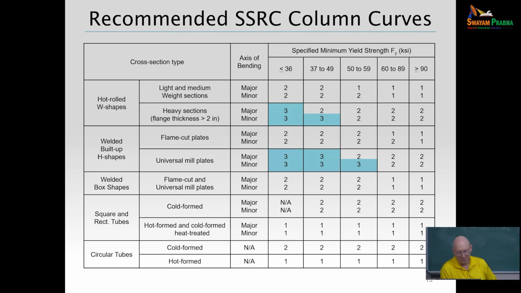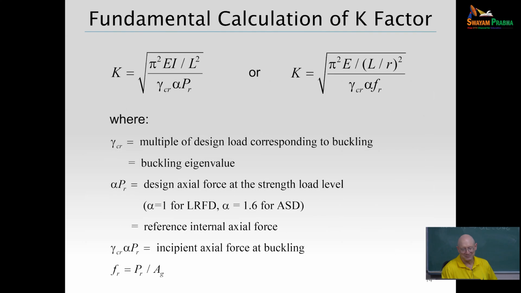Well, that's curve 2. Circular tubes, cold formed, curve 2. So there's a lot of curve 2 there, and so it's hard to make an argument to bring in a curve 1 to support the other cases, although it is a good argument.